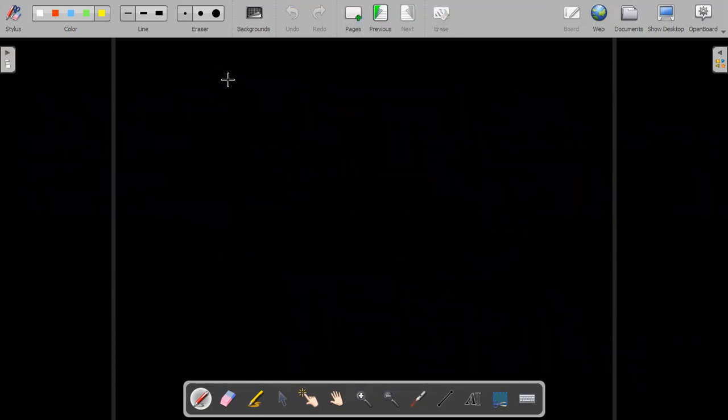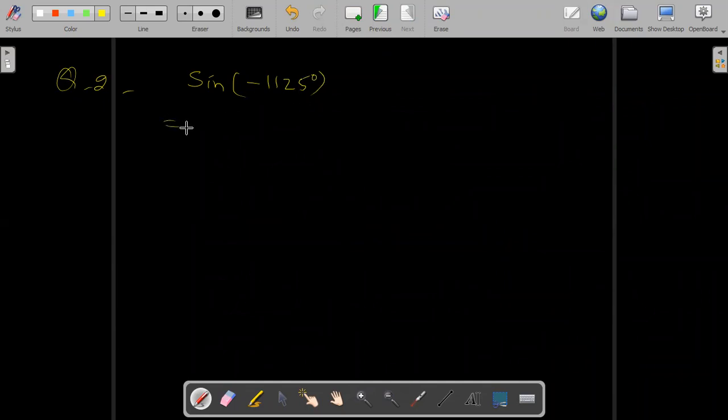Now this is our question number 2, an extra question. Suppose we are given a negative value. What will you do? Sine of minus 1125 degree, you have to find the value of this. First you have to remove this minus theta. Sine minus theta means which quadrant?